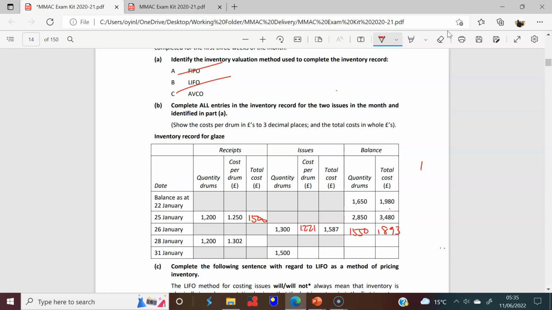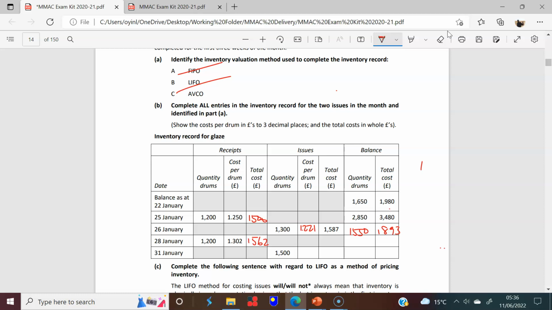Then you go along and receive a new batch here. So let's multiply that together: 1,200 times 1.302, and that's 1,562. I'll just keep it rounded down. Then let's add them all together.